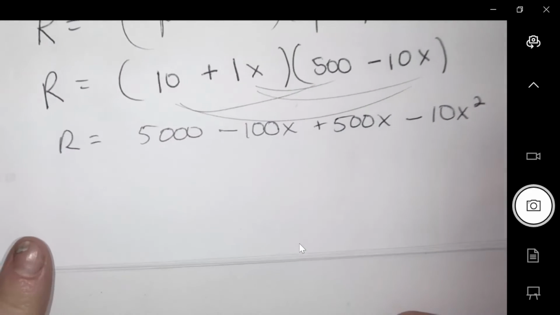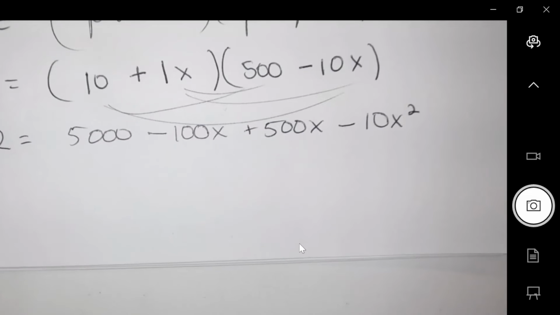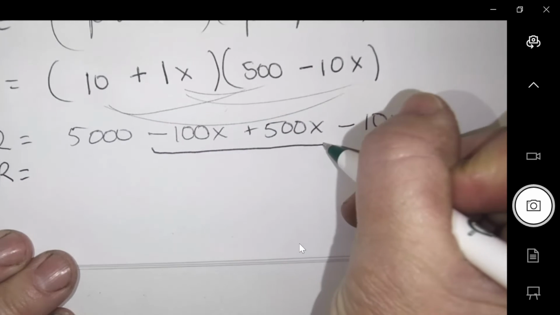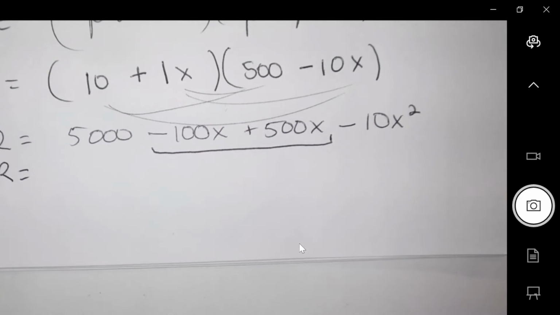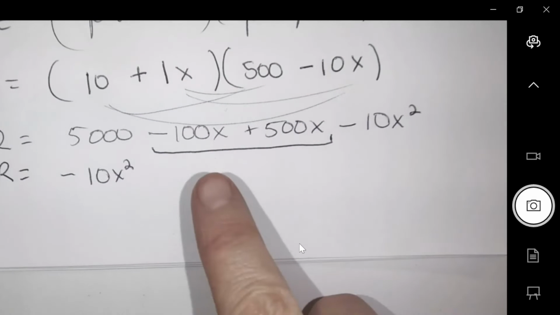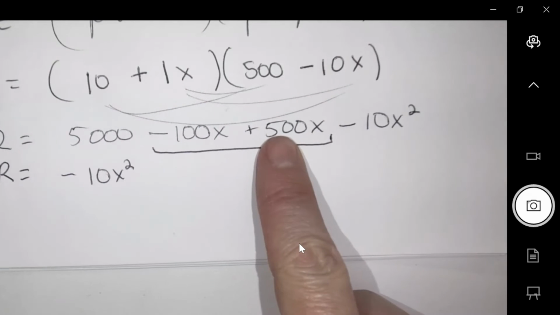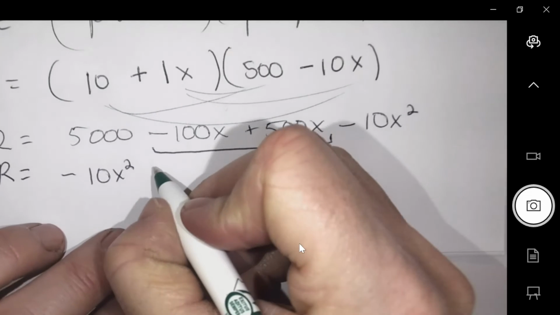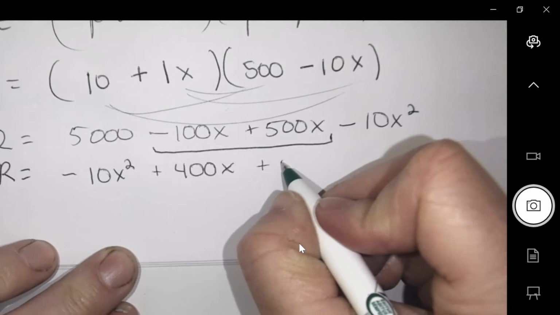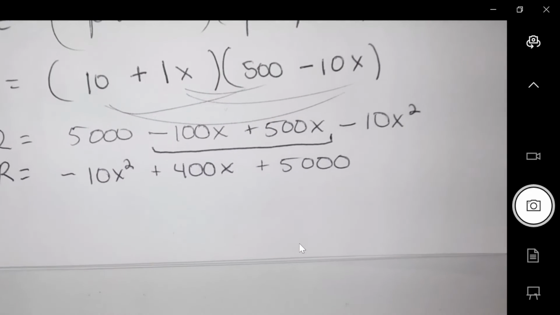Okay, there's all the parts of my FOIL. I'm going to put these together, and at the same time, I'm probably just going to rearrange it A, B, C. So negative 10x squared would be the A. And then if I put those together, what is that? 400x and then 5,000.